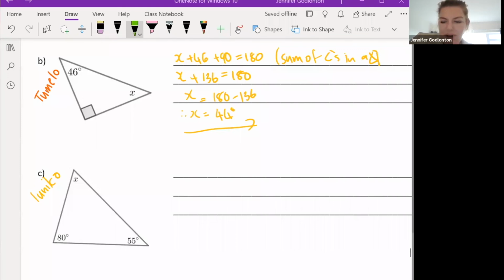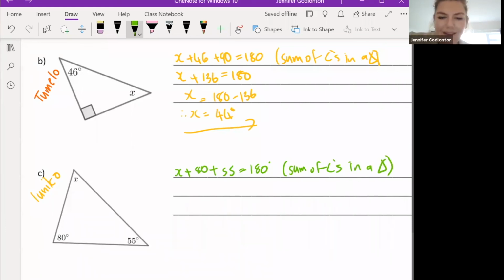Okay, Lenico, do you mind putting your hand up for me so that I can unmute you to do this question? Thank you. Okay, talk me through. What am I going to write? It's going to be x plus 80 degrees plus 55 is equal to 180. Sum of angles in a triangle. Good. Next line.